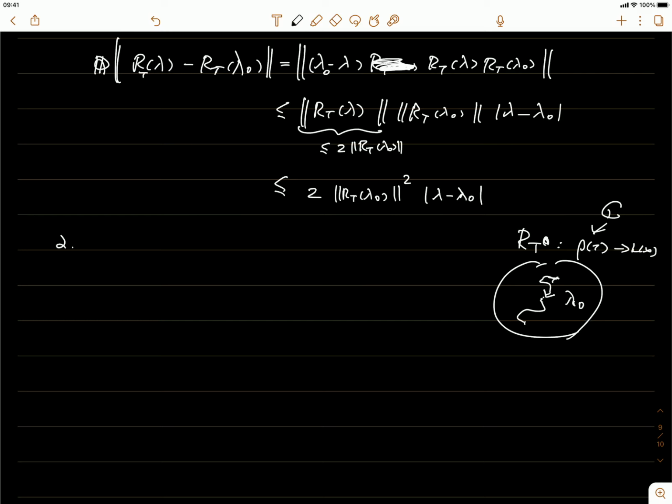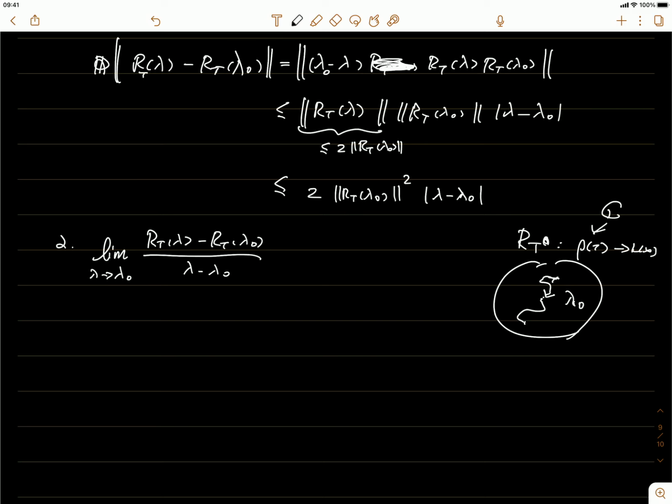You need to show that the limit exists, which means you need to consider RT of lambda minus RT of lambda naught divided by lambda minus lambda naught, where lambda goes to lambda naught anyway. You need to show that this limit exists, and it's the same.